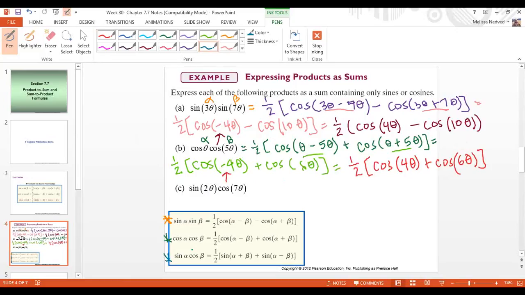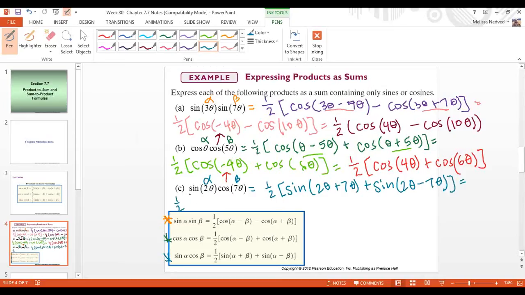It looks in a similar format to what we saw in the last example, but this time both of our terms are sine. And again, alpha is our first term, so 2 theta, and beta our second, 7 theta. 1/2 out front, sine of alpha plus beta, so 2 theta plus 7 theta, plus sine of alpha minus beta, 2 theta minus 7 theta.